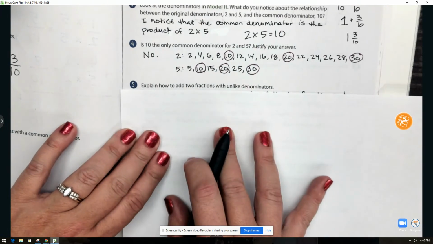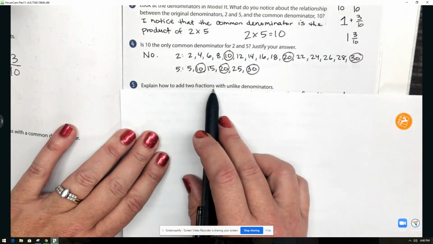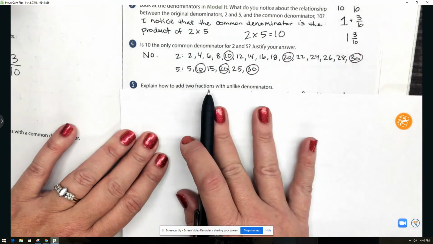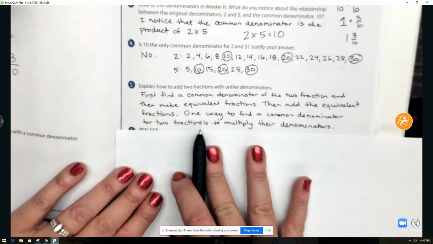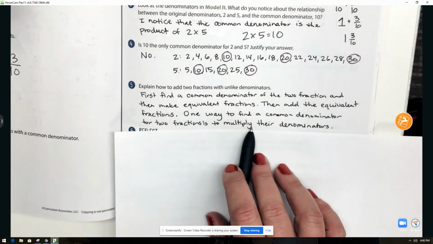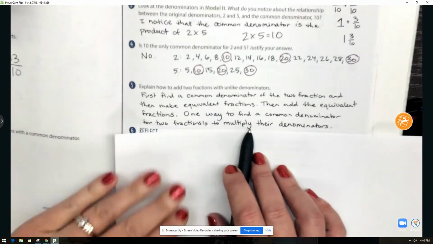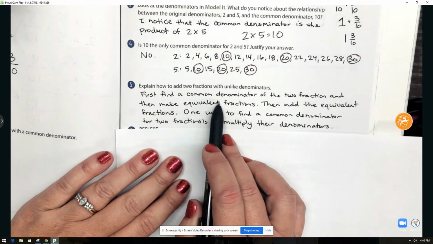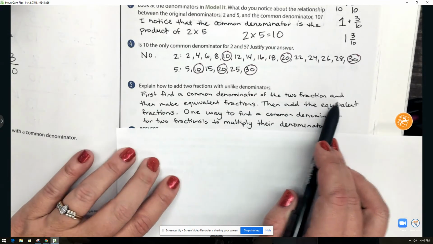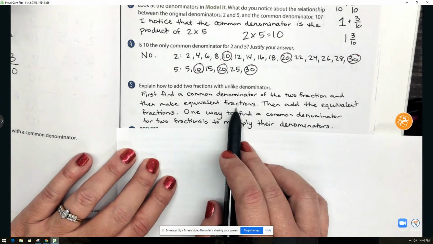So number 5 now says, explain how to add two fractions with unlike denominators. So here's what we do. This is in word form what I did in this picture here. First you find a common denominator of the two fractions, and then make equivalent fractions.